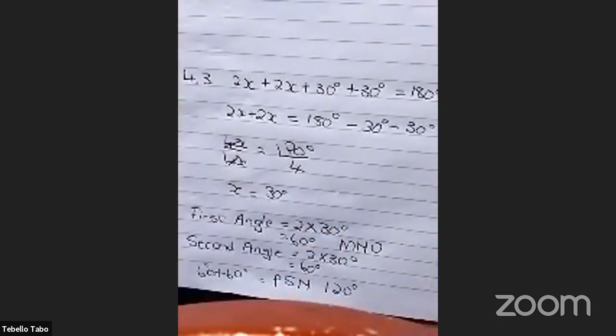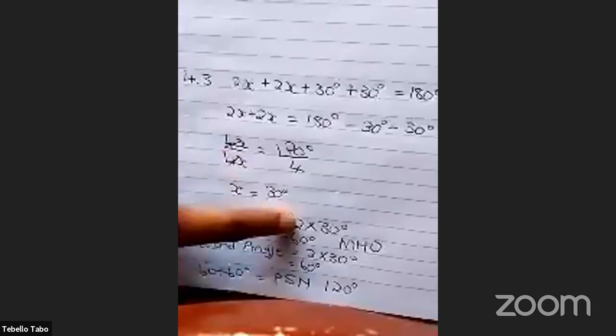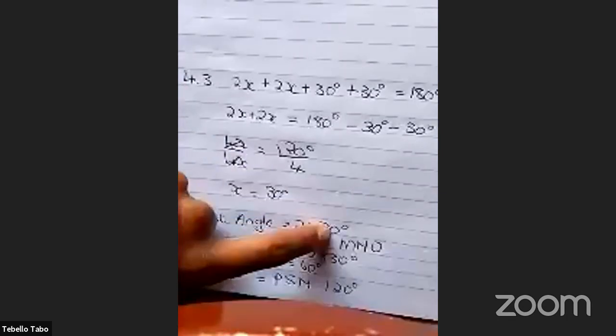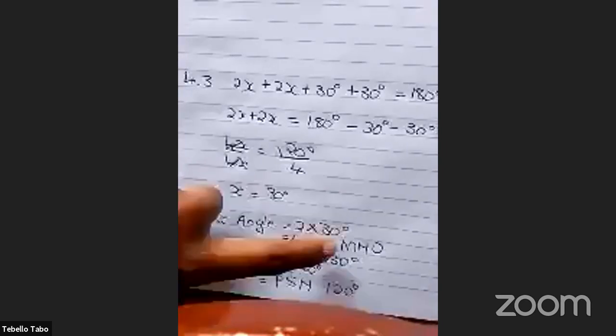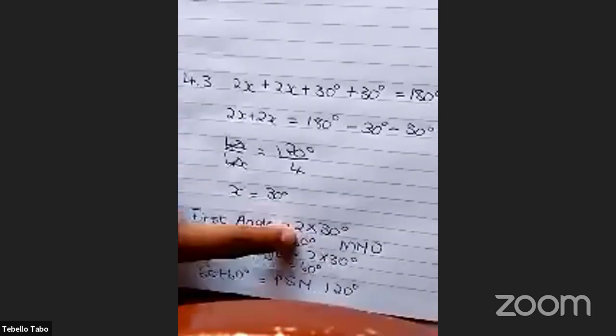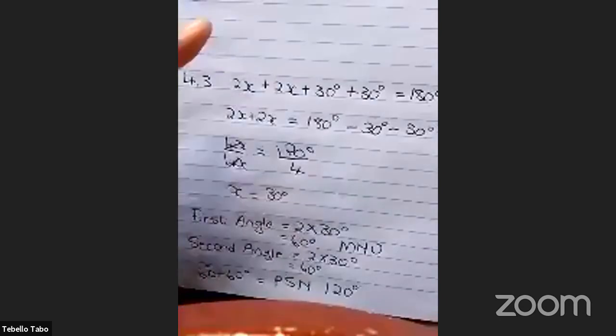So we have our first angle. Our first angle was 2x. Both of them are 2x. So we'll have our 2 multiplied by 30. Why are we multiplying it by 30? Because our x equals to 30. And then we'll have our 60 degrees. Our 60 degrees will be our first angle. Which angle?